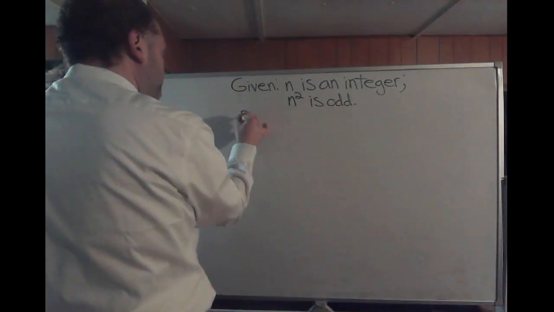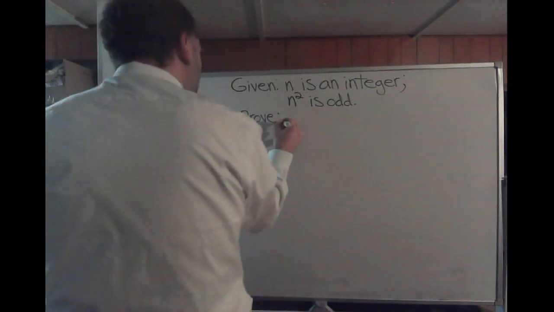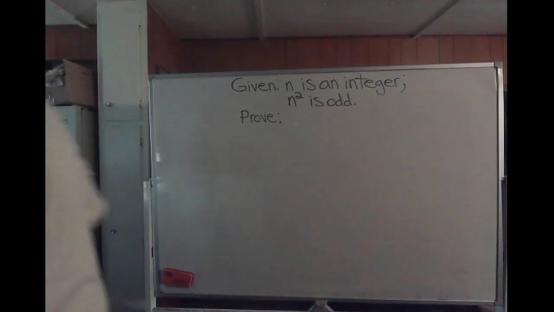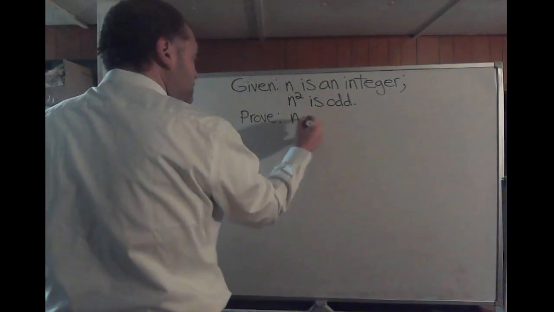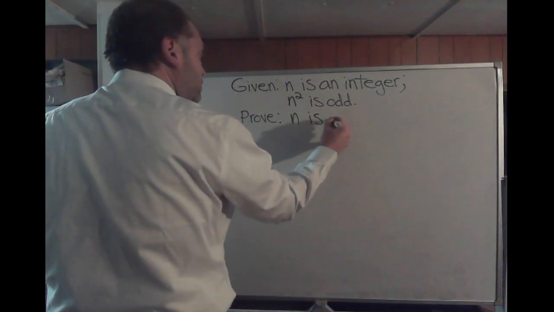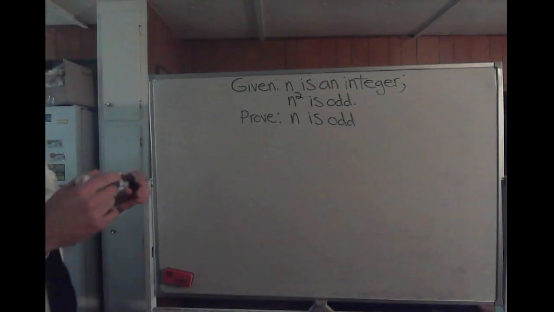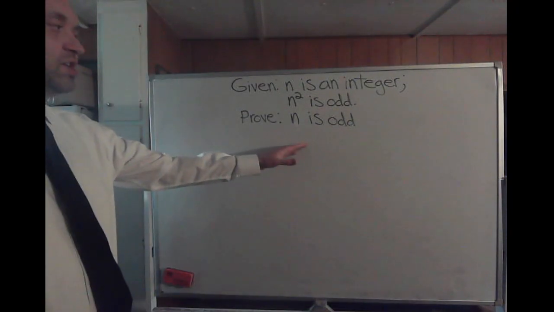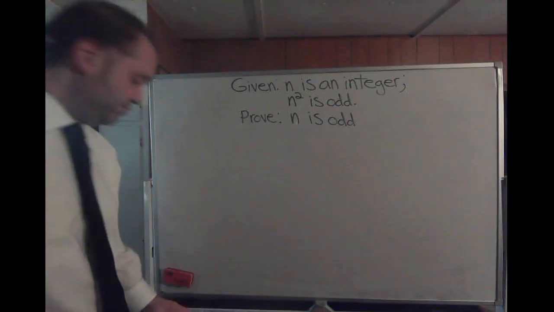What we have to prove here is that n is odd. So this would be another example of where you want to do an indirect proof, because it's rather obscure for a conventional two-column direct proof.